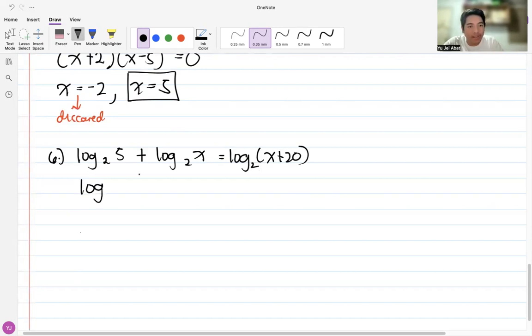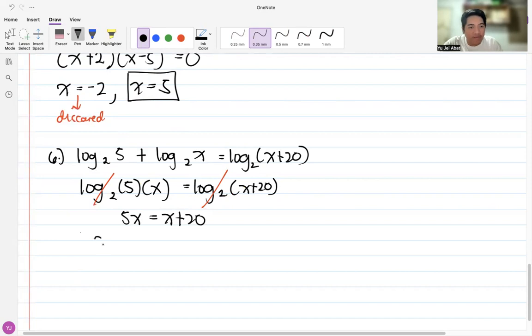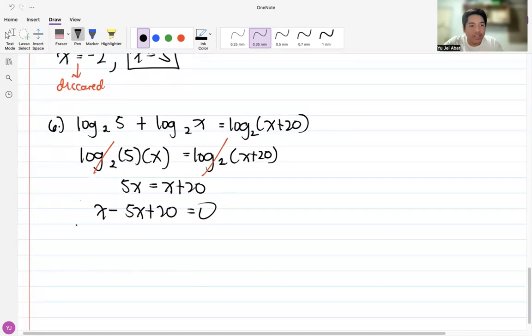So we have logarithm of 5 times x with base 2, and then logarithm of (x plus 20) with base 2. So the logs will cancel because they have the same base. So this will become 5x equals x plus 20.